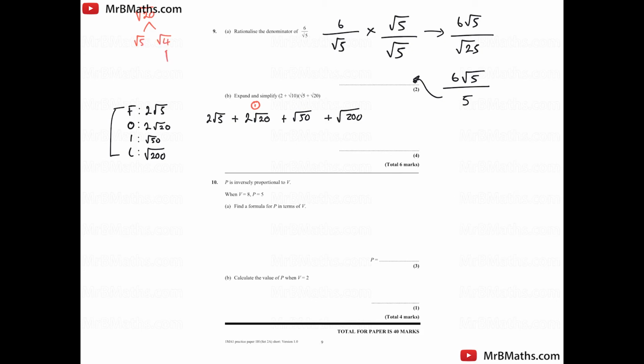Well, we know that the answer to root 4 is 2. The square root of 4 is 2. Okay, so that would simplify down to, let me just write this here, so this would be 2 root 5 plus, I've still got the 2 here, and I dragged up the root 20, so in red I'm going to write the answer to this, so this would be 2 root 5 now, so this would be times 2 root 5.